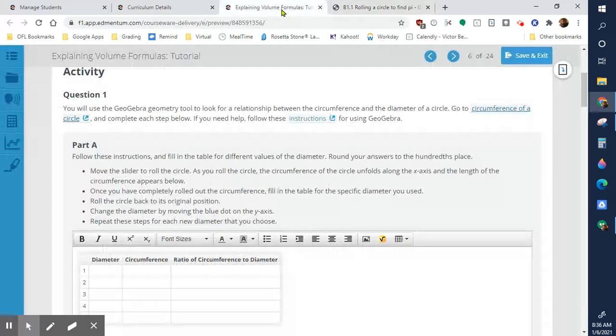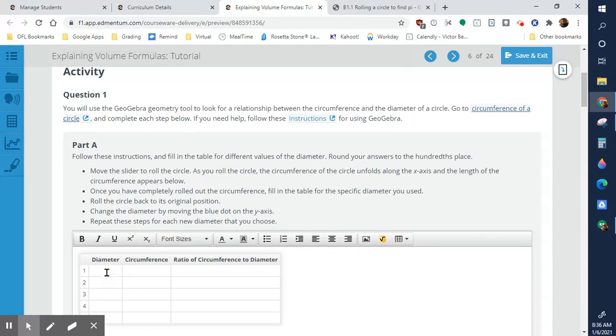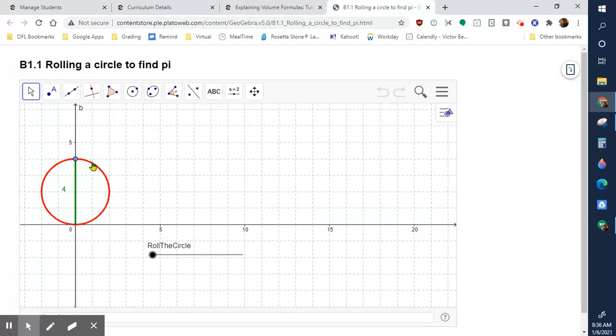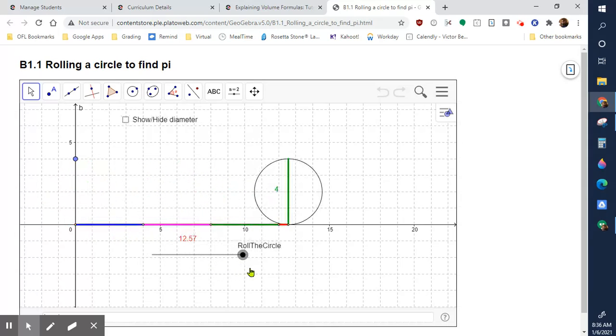So what we're going to do here is move the slider, so let's fill in the information first. First, our diameter is 4. Oops, I had my num lock on. 4. Our circumference, so in order to find our circumference, let's talk about how far around this is. We're going to roll this circle, and it's going to keep track of how far it rolls.